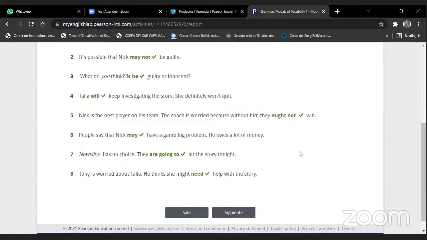For example, in this sentence, it started with Newsline has no choice. So it doesn't have any choice. So it's gonna be 100%, right? Yes. Perfect. Great, Gabby. So let's go to the next one.